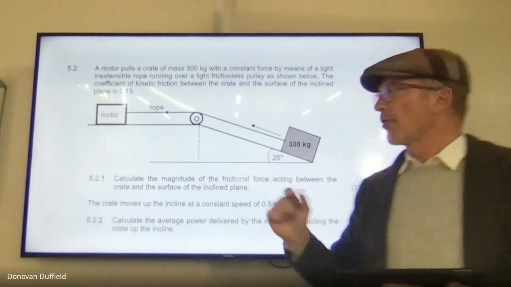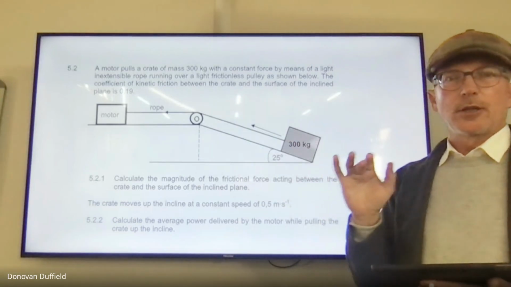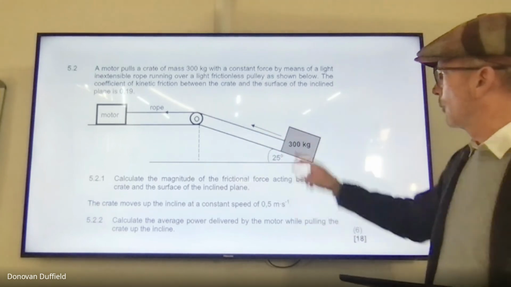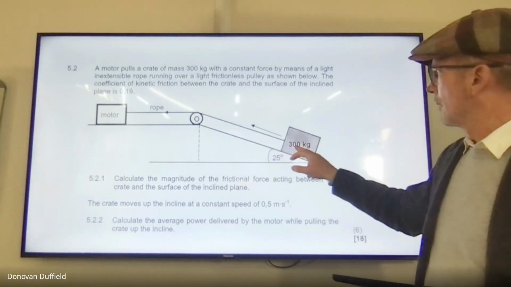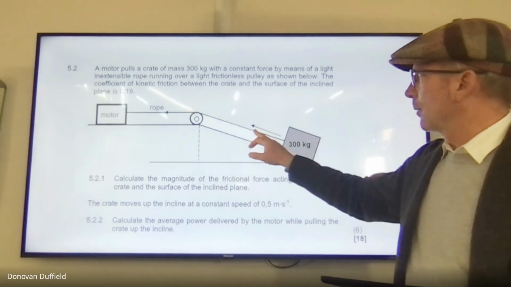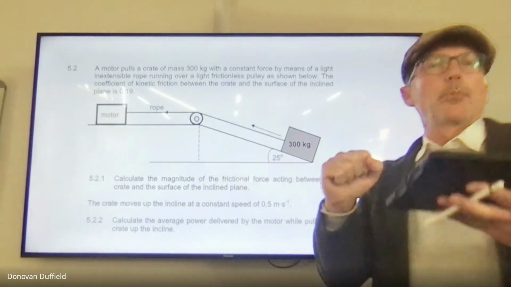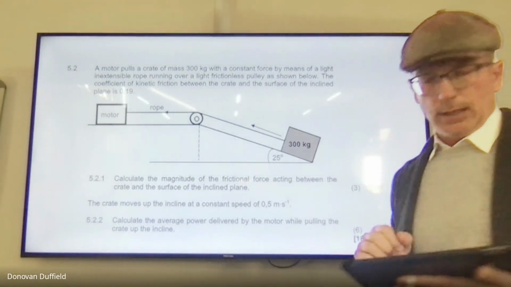That means that the rope doesn't stretch. So in other words, if this is moving at 1.5 meters per second, this is moving at 0.5, that's moving at 0.5, that's moving at 0.5.